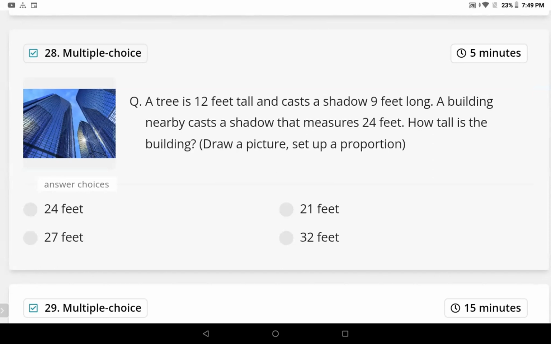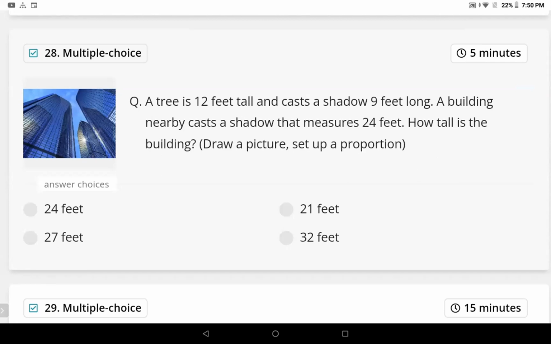So 12 is to 9, which is 4 is to 3, right? Is it a direct proportion or indirect proportion, children? So here 12 is to 9, so 12 by 9 equal to 24 by x.